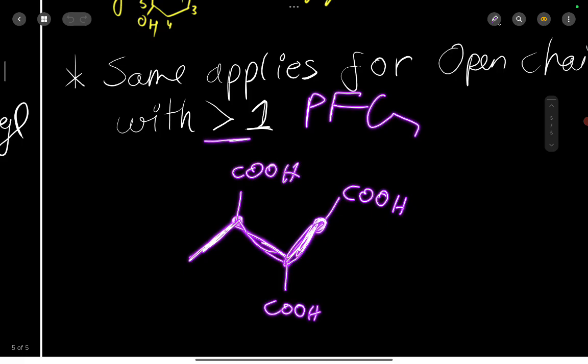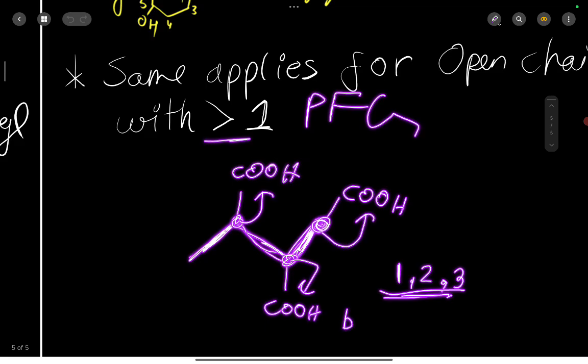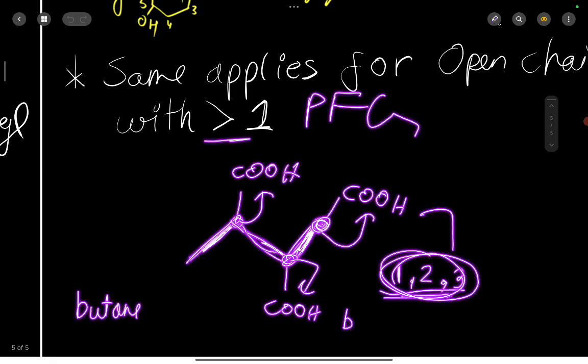And we will name this: at first position there is carboxylic acid, at second there's carboxylic acid, and at third there's carboxylic acid. So we will call it 1, 2, 3. Sorry, the actual name will be butane, because there are 4 main chain atoms, butane-1,2,3-tricarboxylic acid, with that special prefix from earlier.